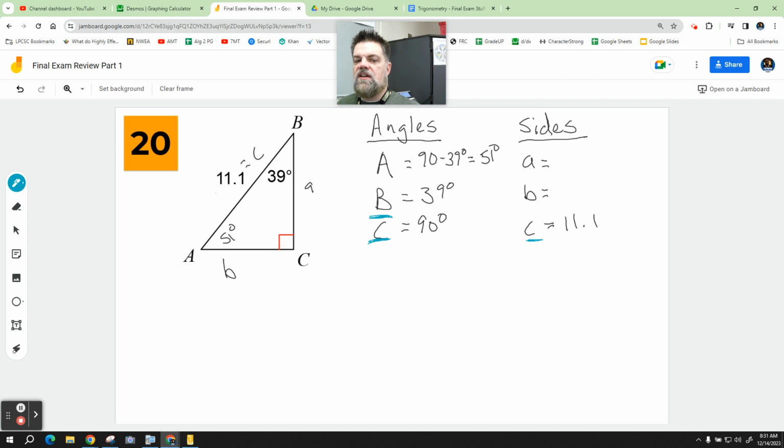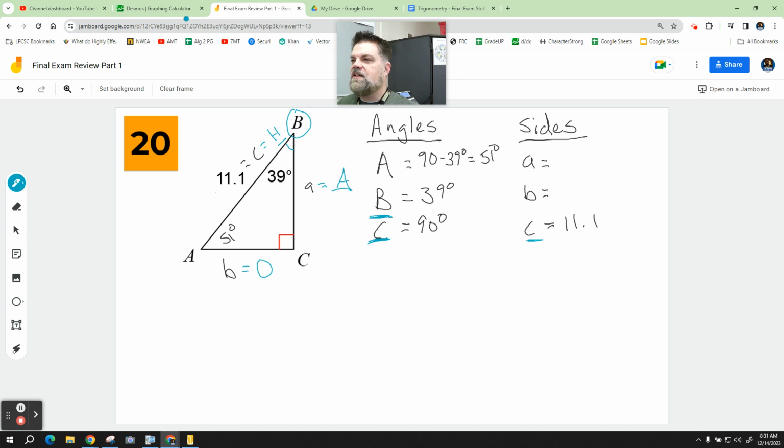So now I need to think in terms of what the side lengths are with regard to the angle that's been given to me, B. If I'm focusing on the angle B, technically b is the opposite side and a is the adjacent, and c is the hypotenuse with regards to angle B. So if I want to find a and I'm given c, technically I have the adjacent and the hypotenuse, and I want to solve for the adjacent.